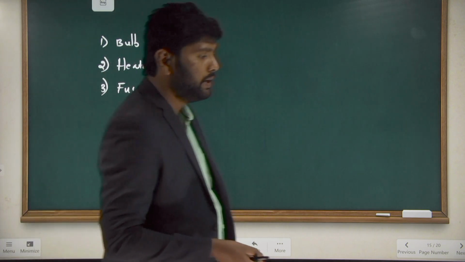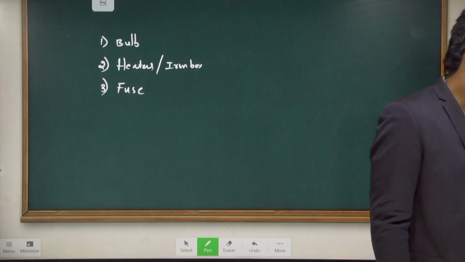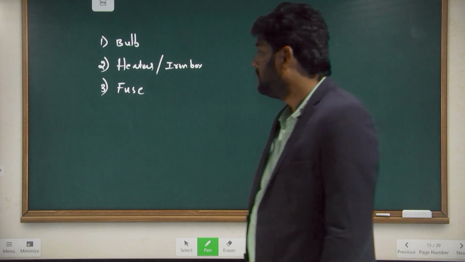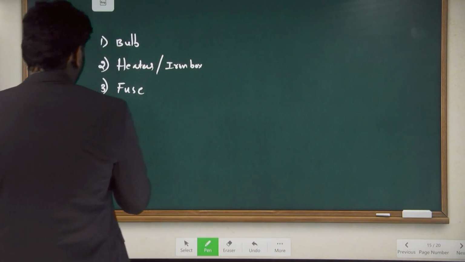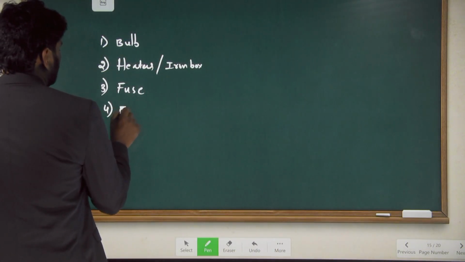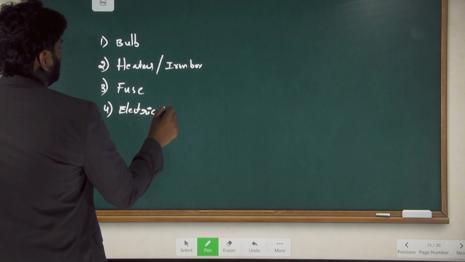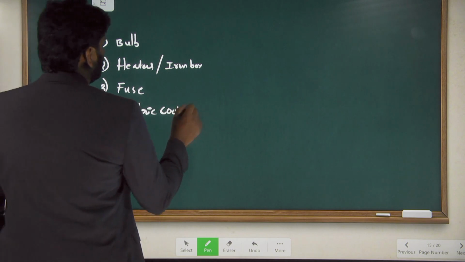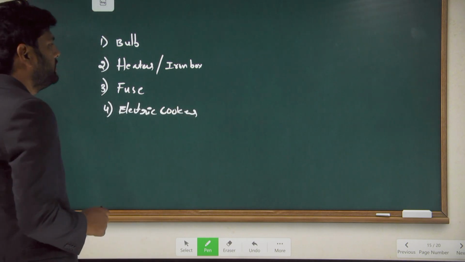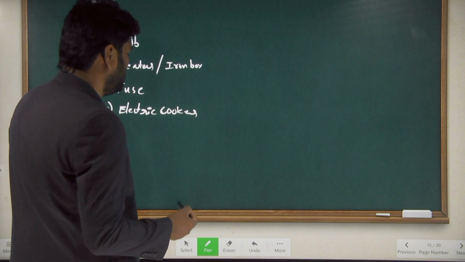Tell me other appliances. The other appliance is the electric cooker. So these are the appliances that work based on the heating effect.